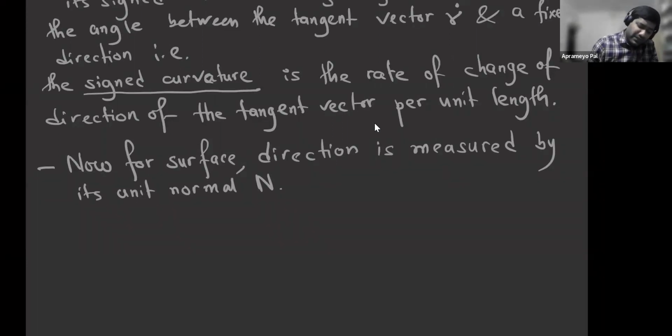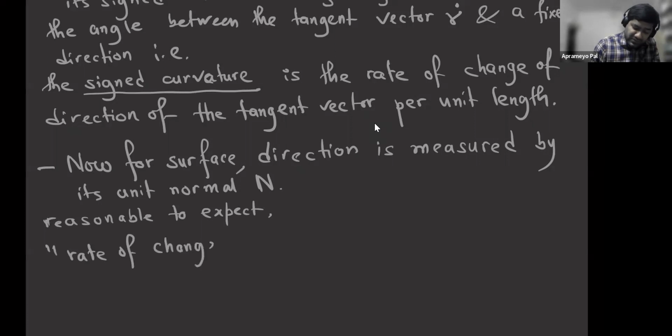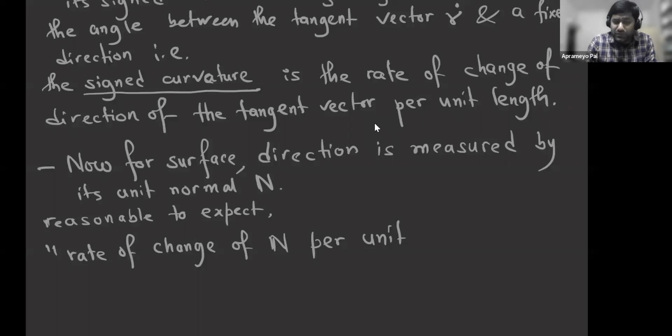So it's reasonable to expect that the rate of change of n, now per unit, here we had per unit length, right? For surfaces we can't measure length. What will we do, we'll do per unit. Any guess?